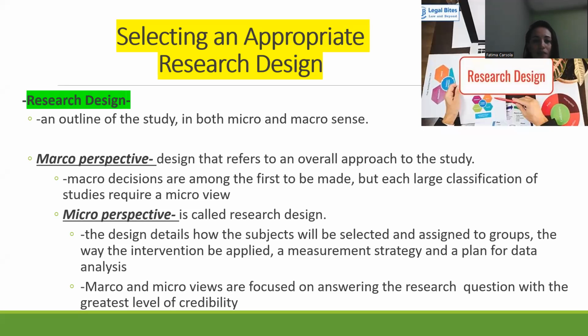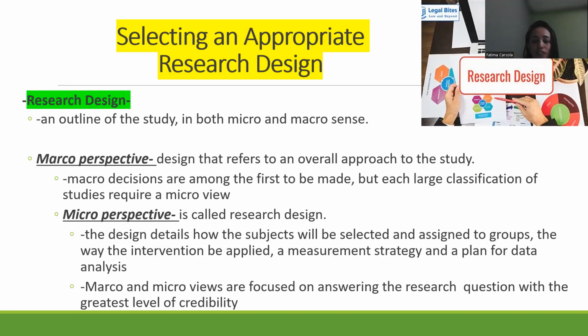So we have here two perspectives in selecting an appropriate design. We have the macro perspective. Macro decisions are among the first to be made, but each large classification of studies encompasses numerous ways to conduct the study.